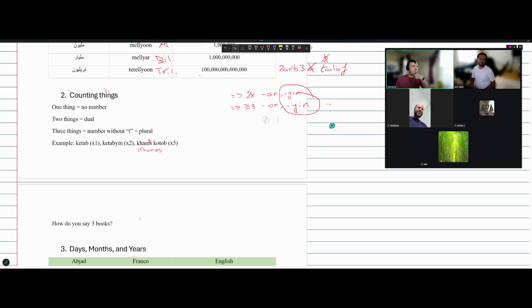So it becomes talat kutub. Yes. The reason why I use this is because the word talata is a bit mean, because you have the feminine T at the end and you have a real T before it. So sometimes people drop both of them. It's like, no, there's a T there.